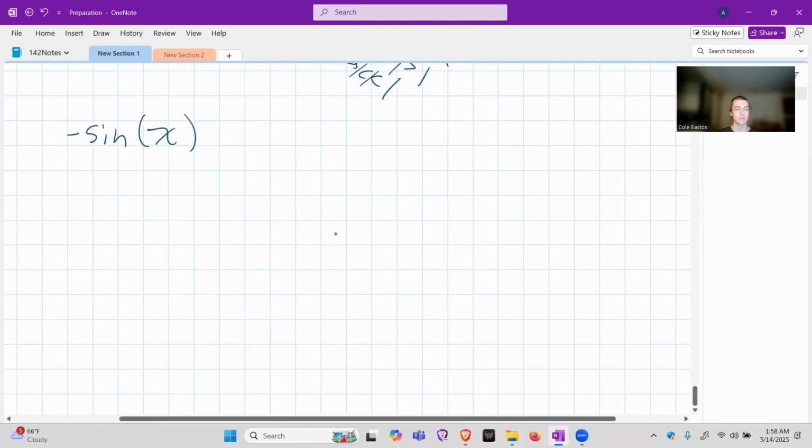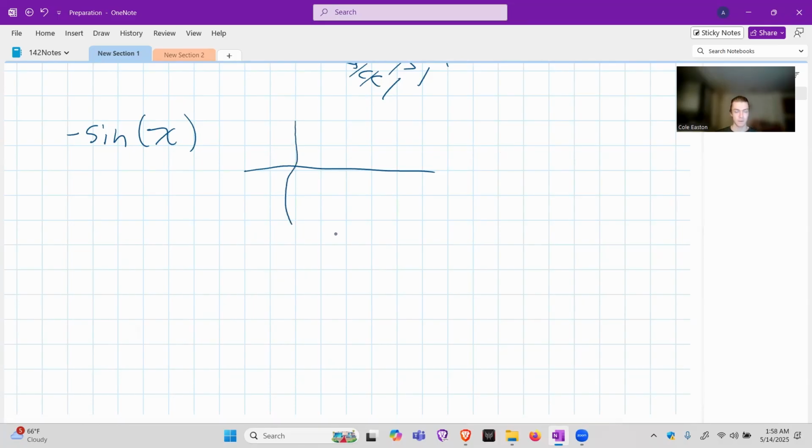Okay, negative sine of x. So what's that going to look like? Pi over 2, pi, 3 pi over 2, 2 pi. Okay, so sine of 0 is 0, negative of that is still 0. Sine of pi over 2 is 1, negative of that is -1.